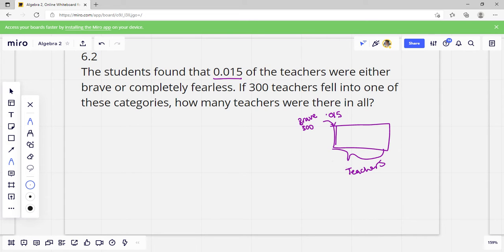So we're saying 0.015 of the teachers, right, times the teachers, is 300, okay, 0.015 is the 300. Alright, so what I have to do here is divide by 0.015, because that's multiply, so I do the opposite. Okay, and then we're going to get t equals.